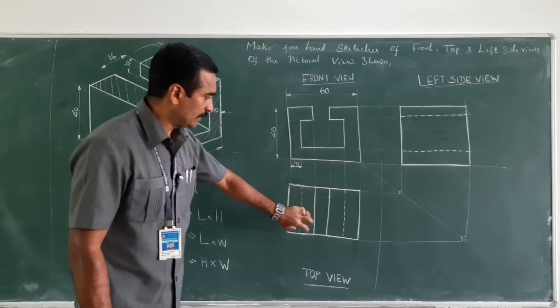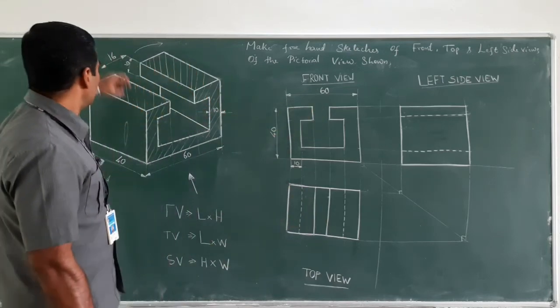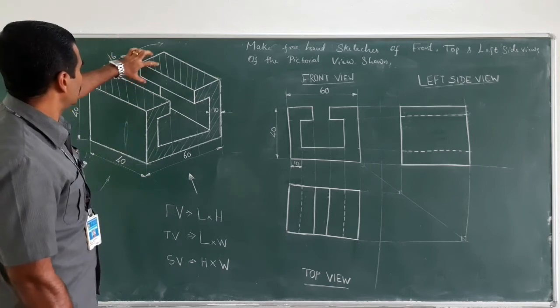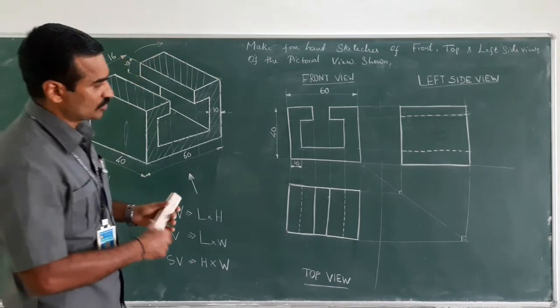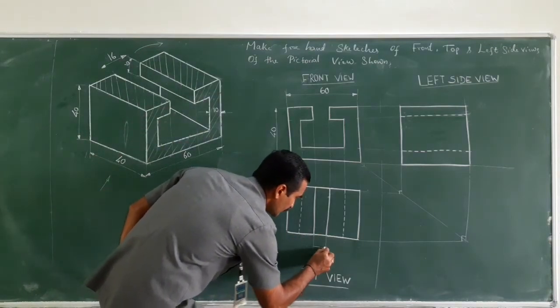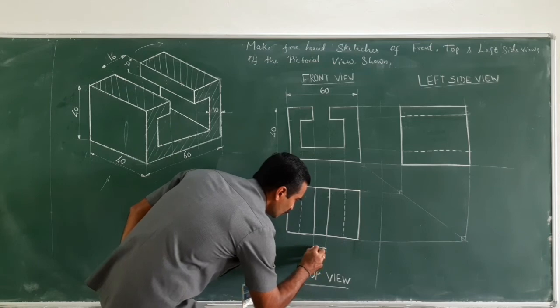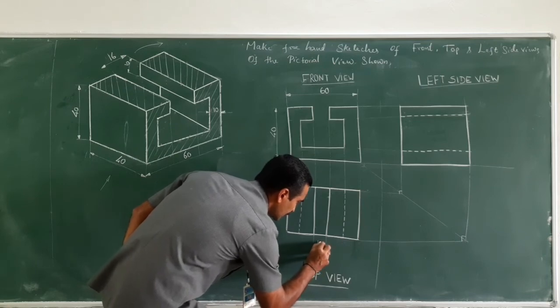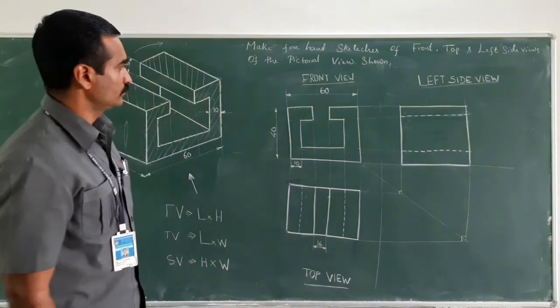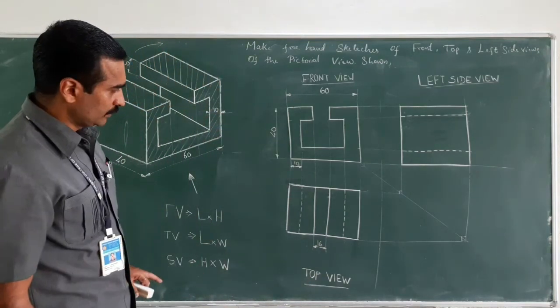Let me move to the top view here. So what are the things I could capture? The distance between these two portions, that is 16. Distance between these two as 16. Right?